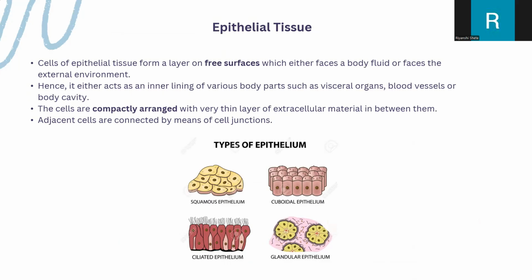The cells which are connected to each other are known as cell junctions. This is compactly arranged and it is under the skin layer. There are four types of epithelial tissue: squamous epithelium, cuboidal epithelium, glandular epithelium, and ciliated epithelium. You will learn all these types in detail in ninth and 10th standard.